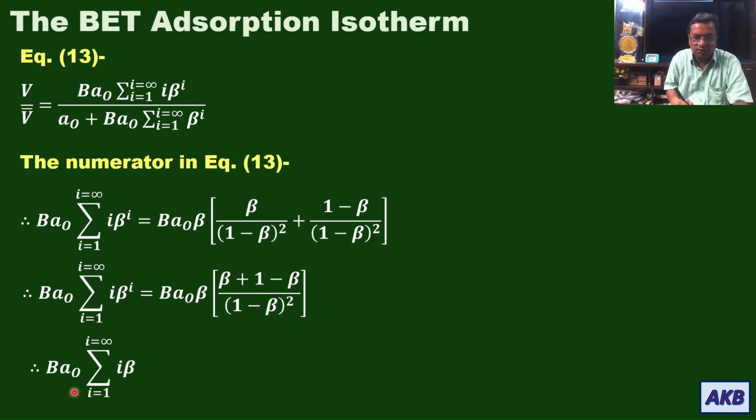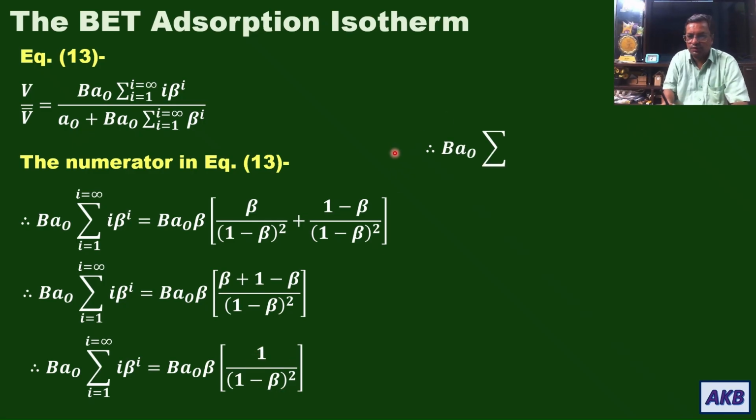Beta minus beta becomes 0, so you will have this term 1 upon 1 minus beta squared.